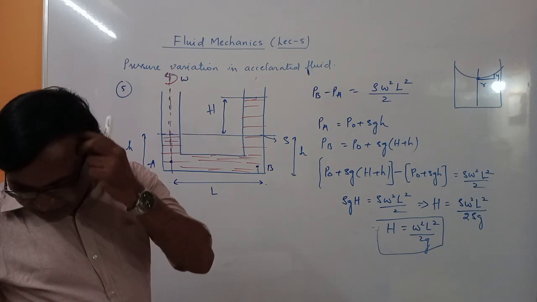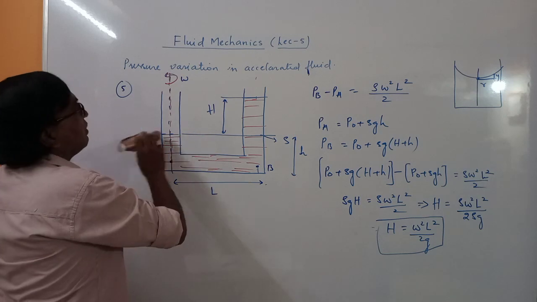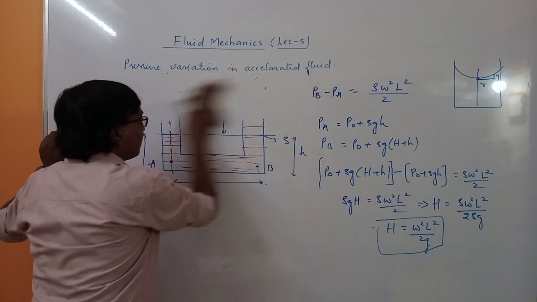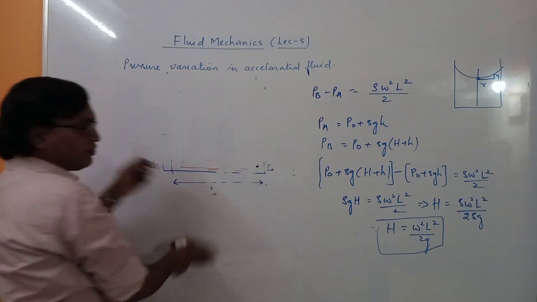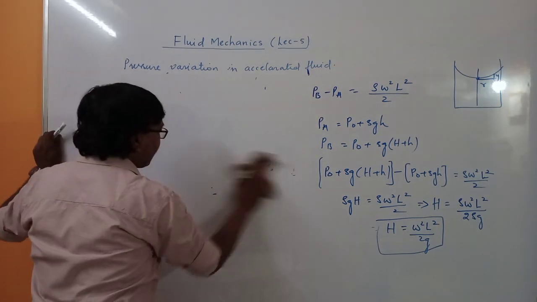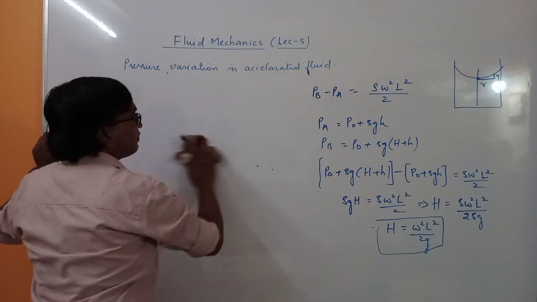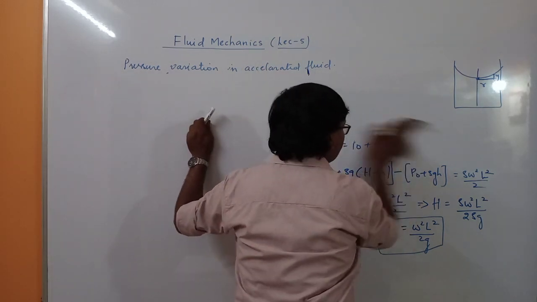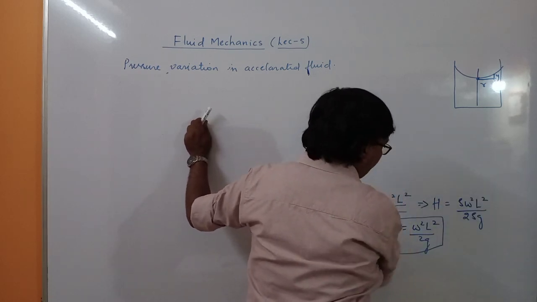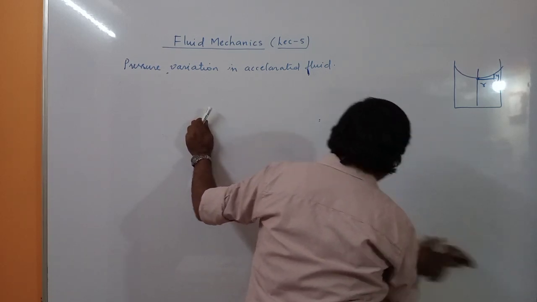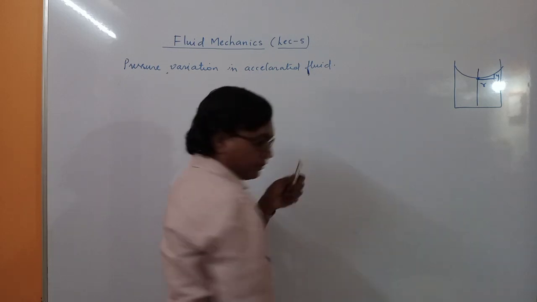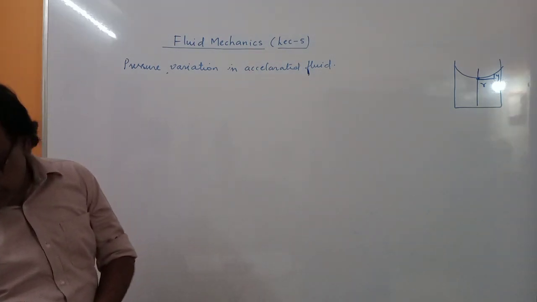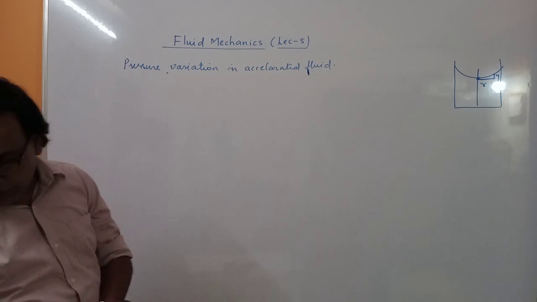R1, R2. So that is also simple. Okay, so let us have it. This was the problem asked in IIT JEE. So the problem is we have to find out h. Okay.